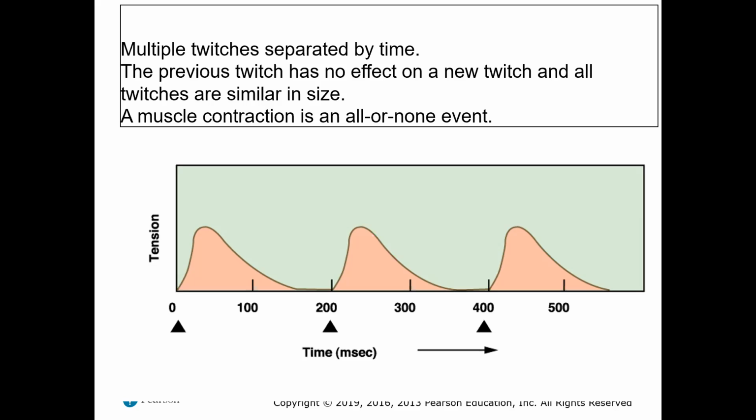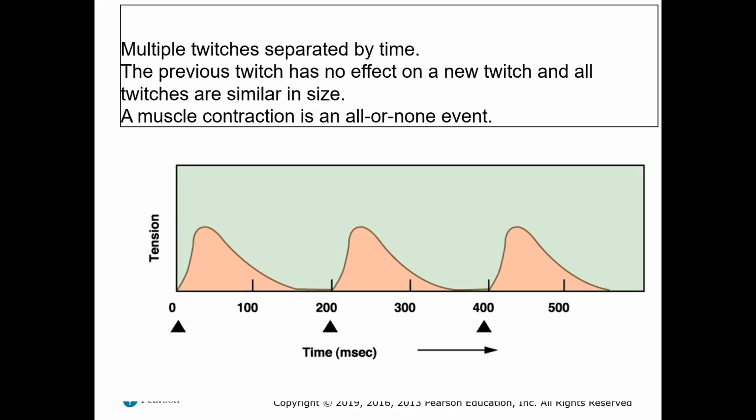On the first one, we hit the muscle cell at time 0, and we're relaxed somewhere about 200. So at 200, we give the muscle cell a second stimulus, and it contracts again. Notice that the amount of tension formed on the second stimulus is just like the tension on the first one.